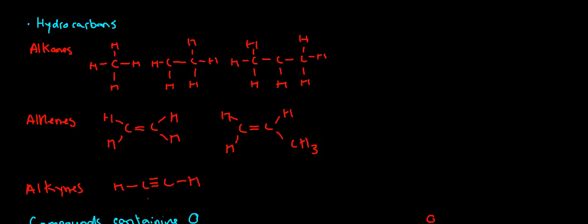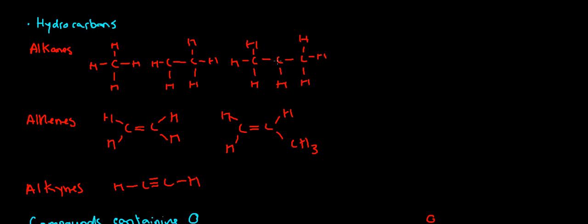That's how this field works. So we'll have a look at these functional groups. The majority of functional groups fall under the umbrella of one of these three: hydrocarbons, compounds containing oxygen, and compounds containing nitrogen. We'll have a look at the hydrocarbons first.